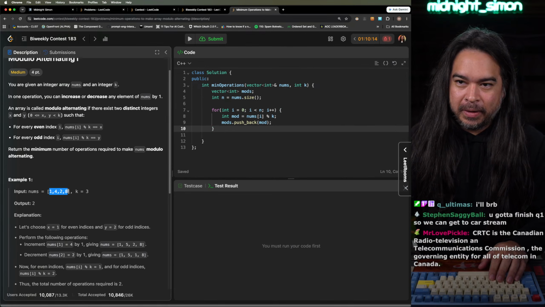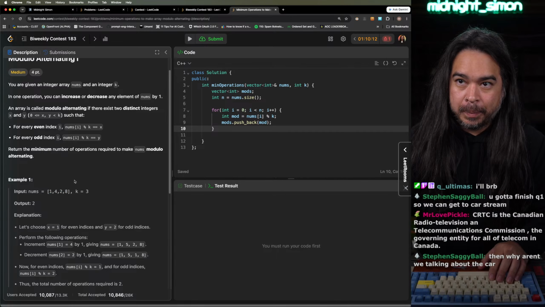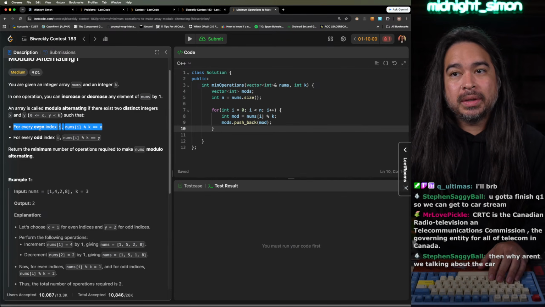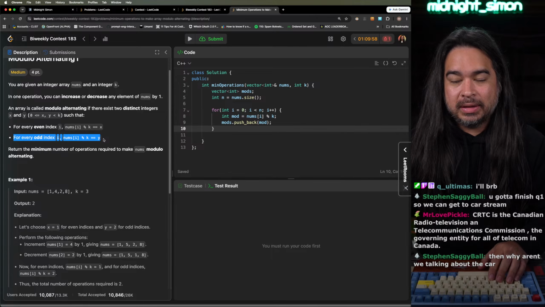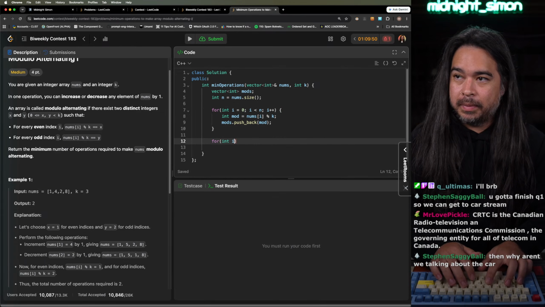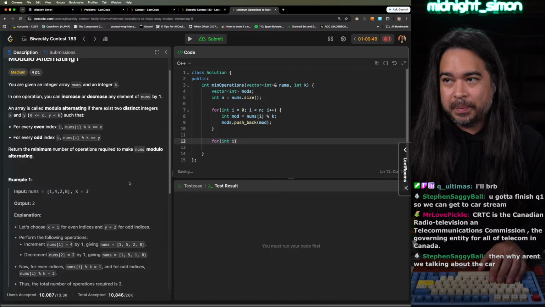Now we have to figure out 2 numbers. So even indices need to be a certain number, and odd indices need to be a certain number. So how are we gonna do that?